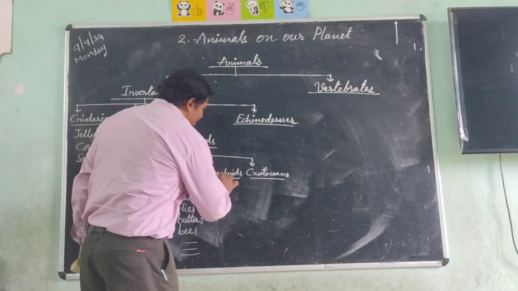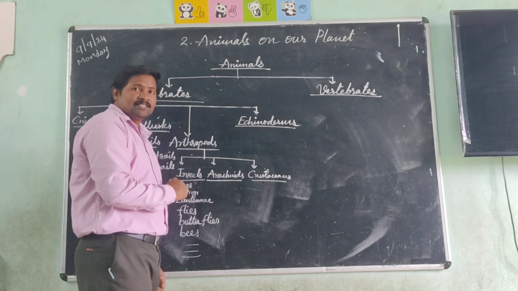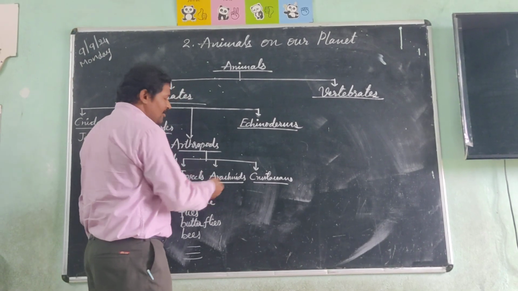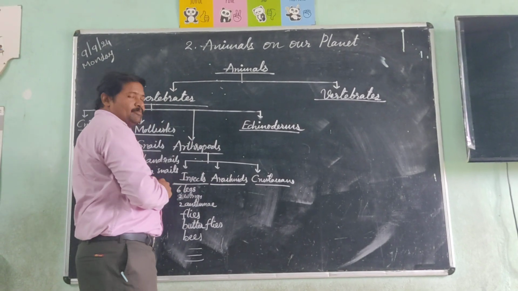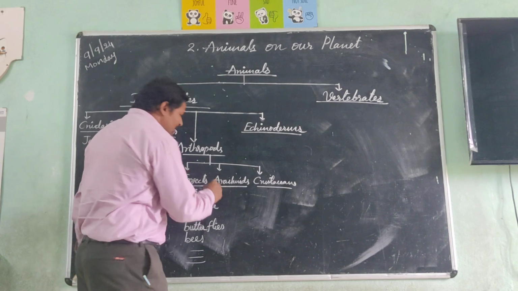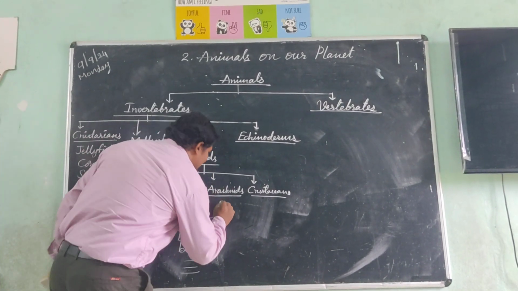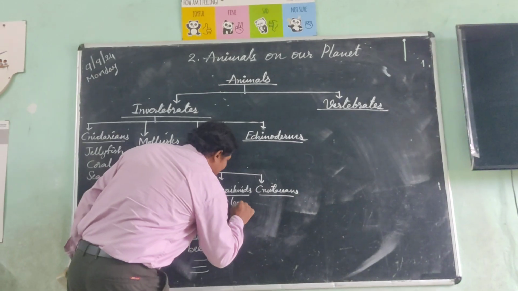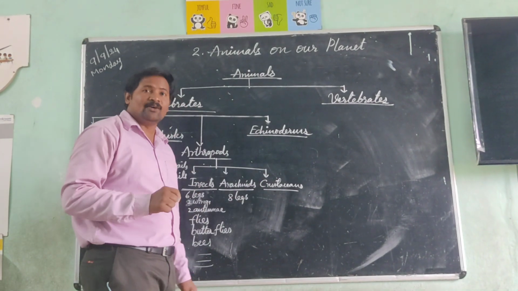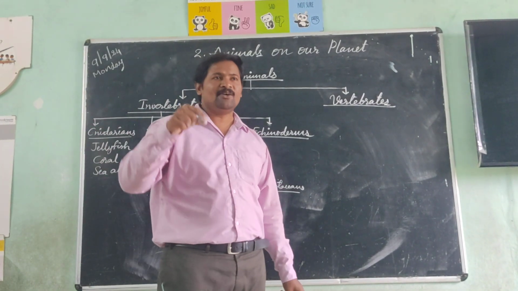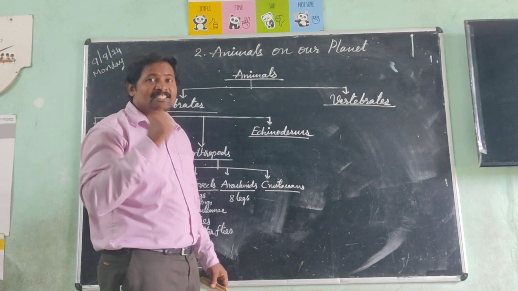The next one, arachnids. How can we identify these arachnids which belong to the invertebrate group? Arachnids also have some special features. What are those special features? They have 8 legs. And they have stings, poisonous stings also.